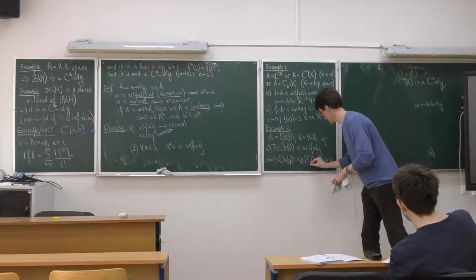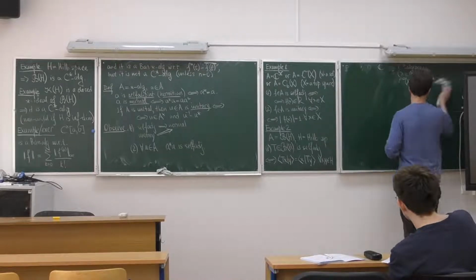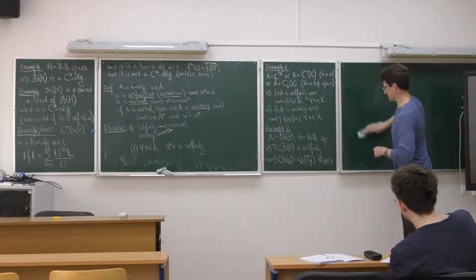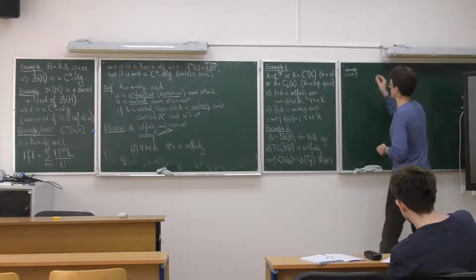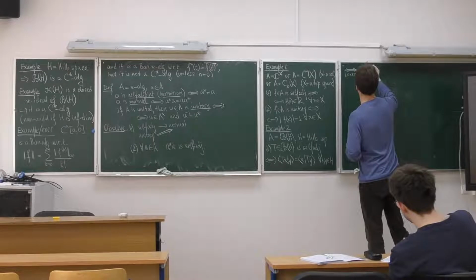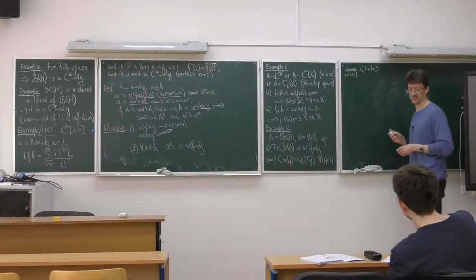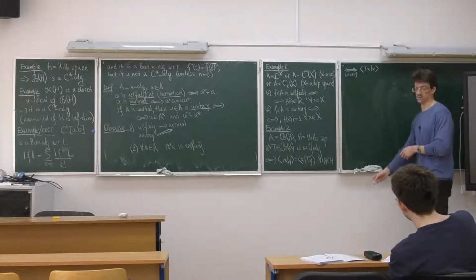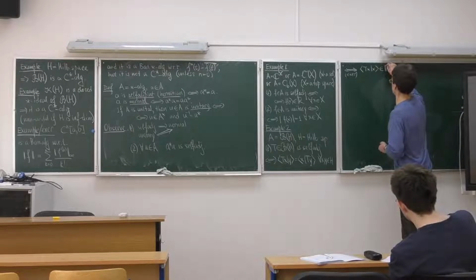So T is self-adjoint if and only if we have this equality. And another characterization, this is actually a little exercise for you, is that T is self-adjoint if and only if the inner product of Tx and x, which is sometimes called the quadratic form of the operator T, is real for each x in H.